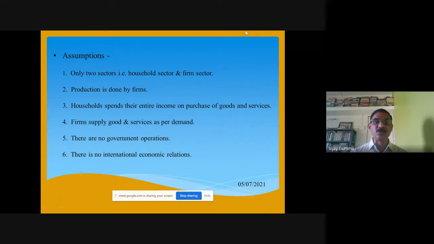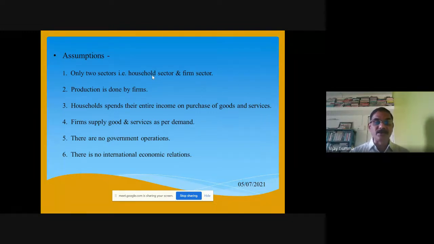One is the household sector, and the second one is the firm sector. The household sector is the owner of factors of production like land, labor, capital, and entrepreneurship.